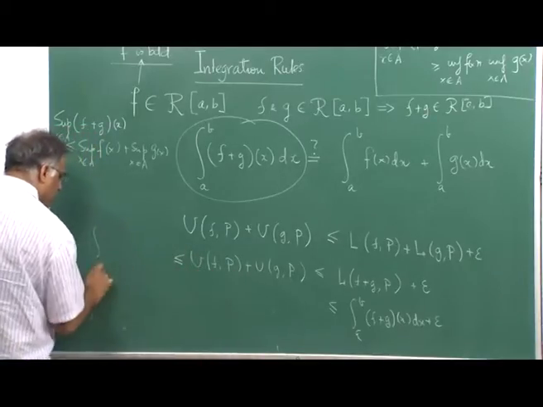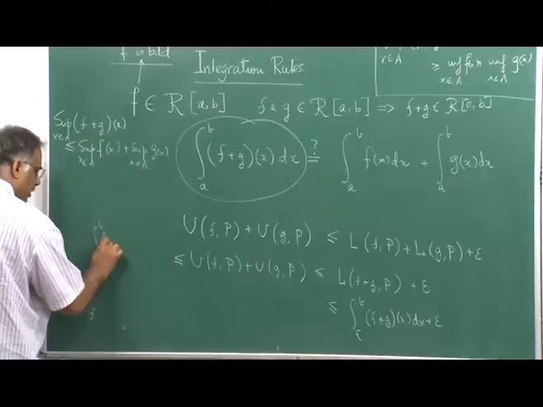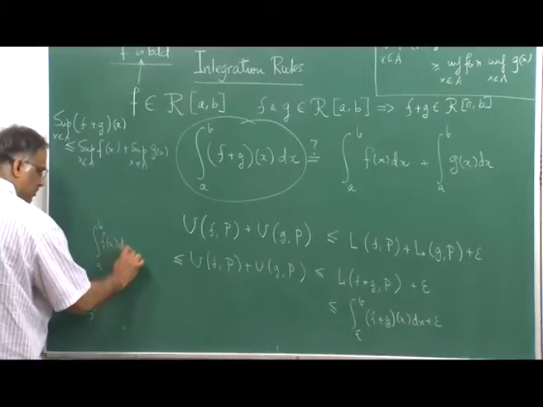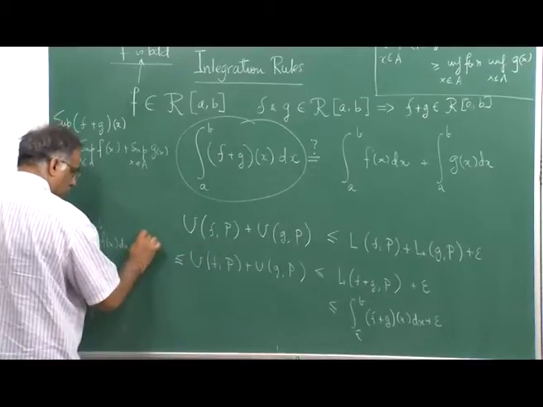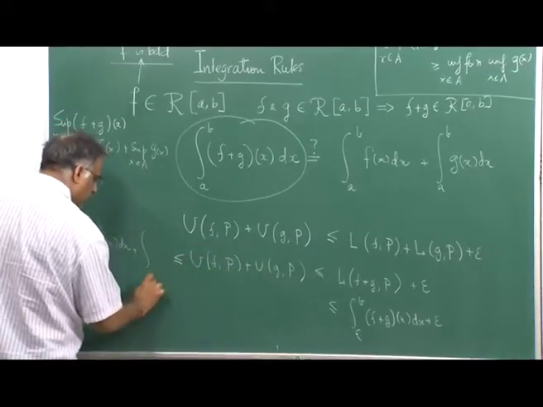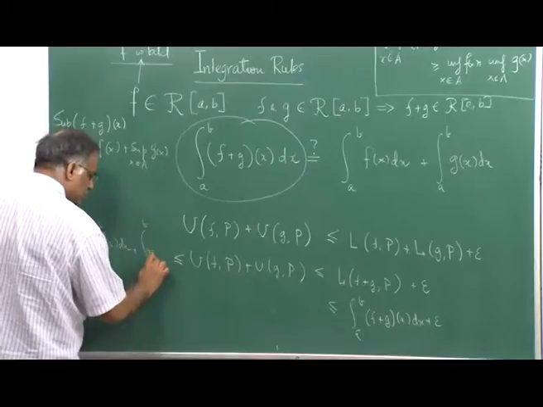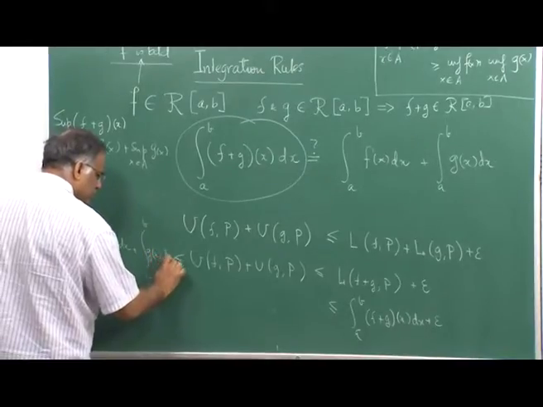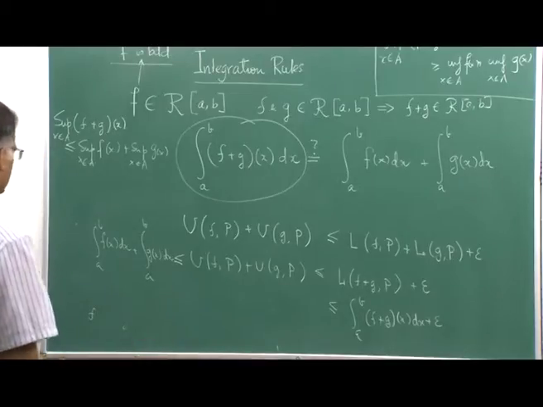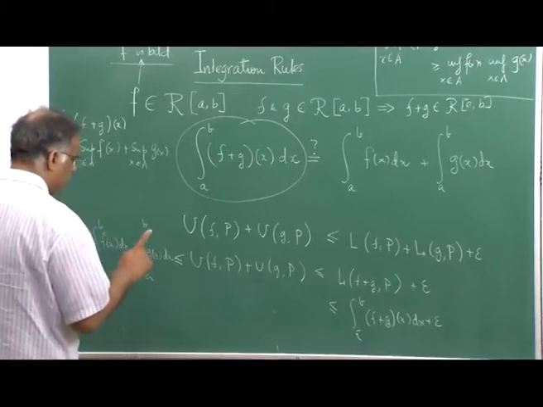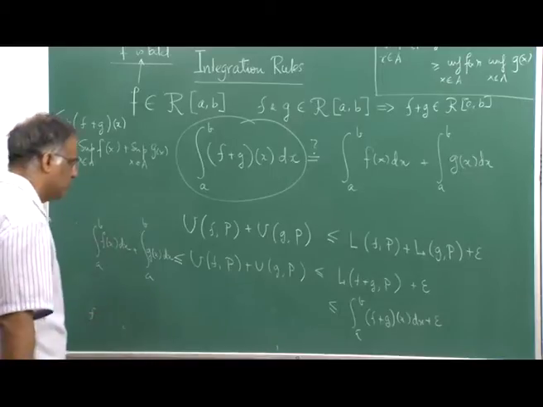So, this part is bigger than the integral of this, because this is the infimum of this over all the partitions, plus this part is the integral a to b. You agree to this? So, this is what you have proved.